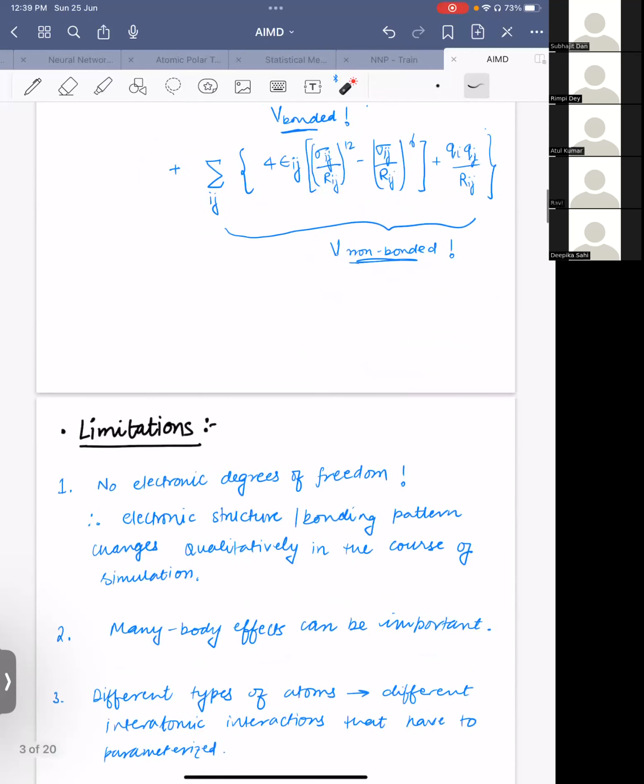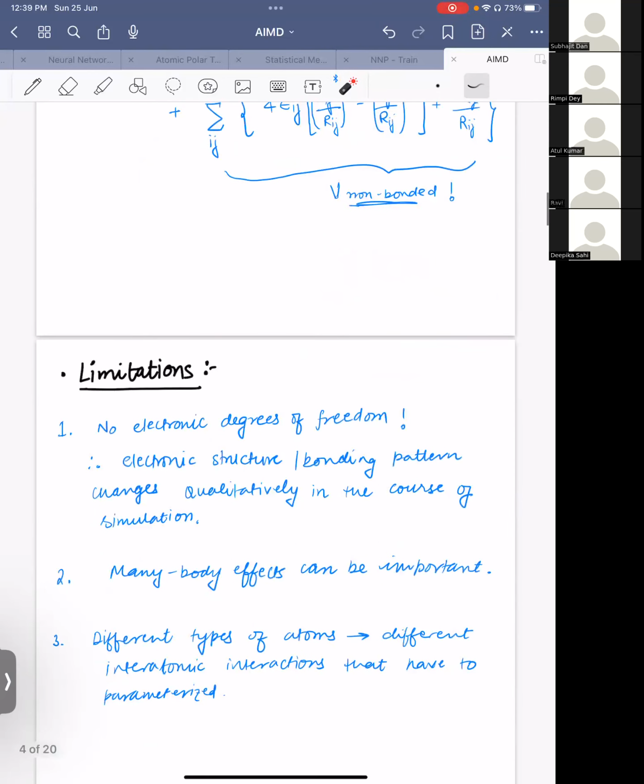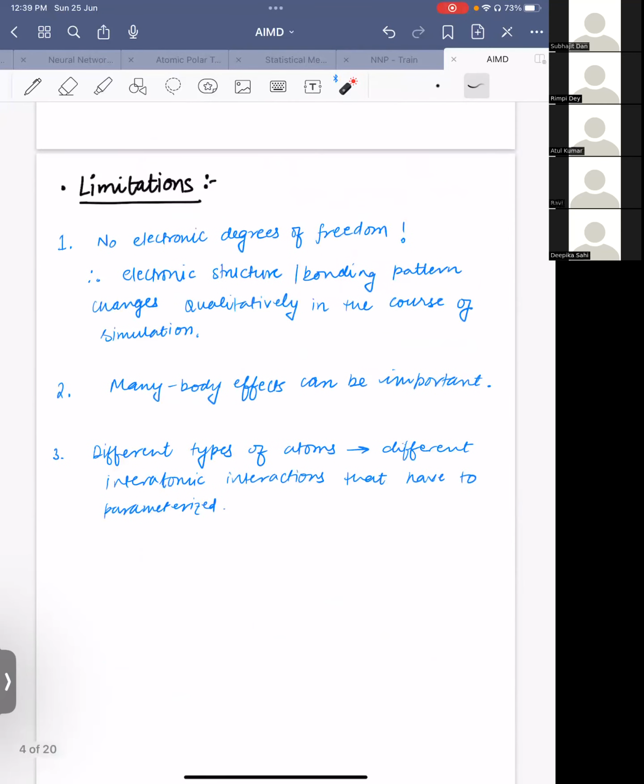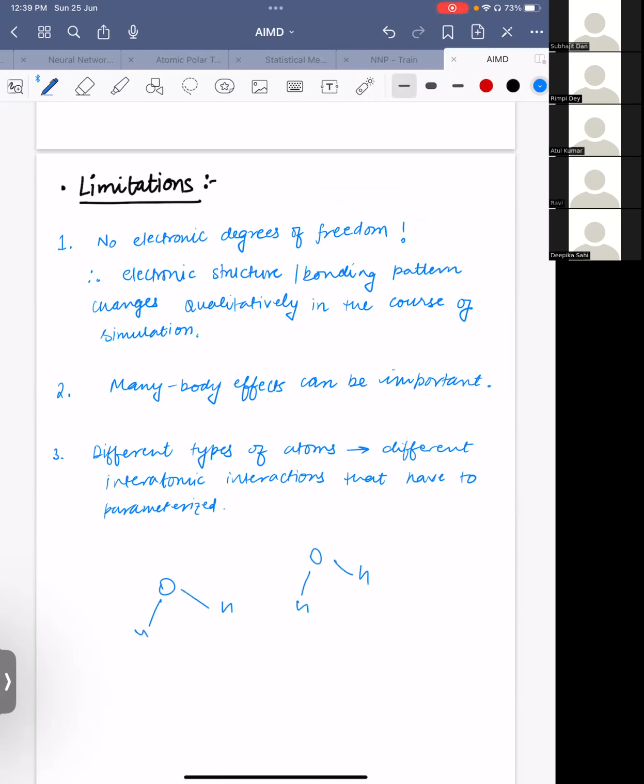The first one is that it integrates out the electronic degrees of freedom. So there is no information about bonding, or changing patterns of bonding, like bond forming or bond breaking. And the second is for systems where many-body effects can be important. For example, in a water system, we want to capture the interaction between these two hydrogen atoms.